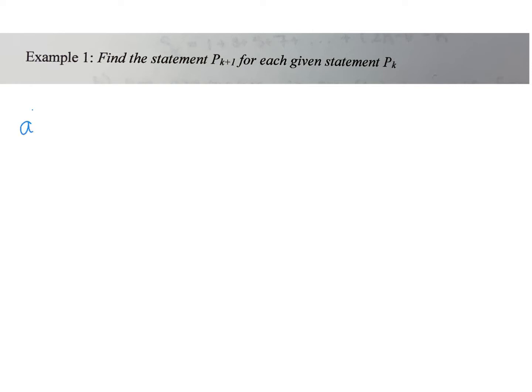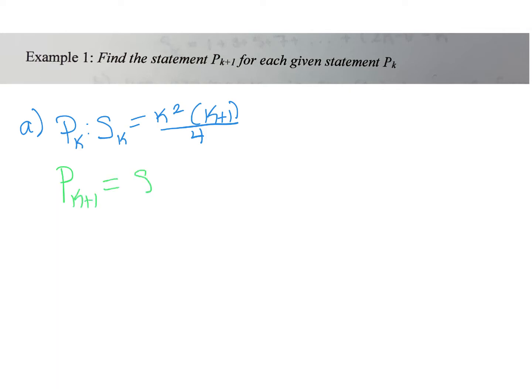So example A says that P sub k is S sub k equals k squared times k plus 1 over 4. So if I want to find the statement for P sub k plus 1, that means that all of my k's need to become k plus 1.